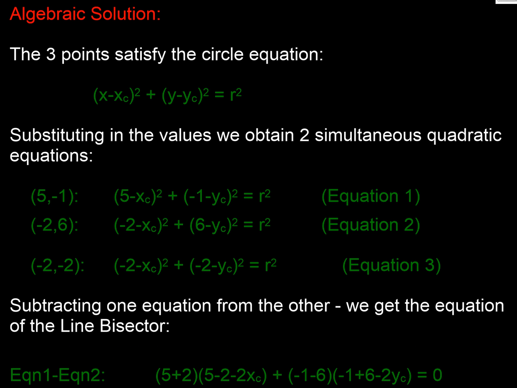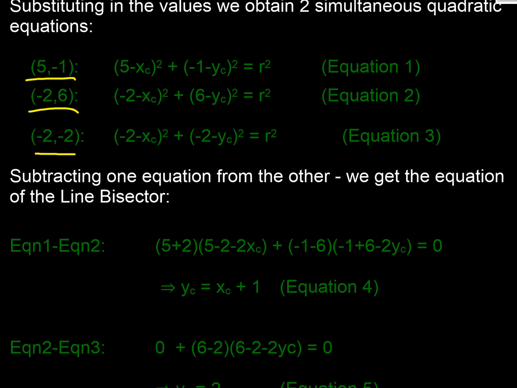Okay, let's go for an algebraic solution. Once again, we know the 3 points satisfy the general circle equation. We just don't know where the centre is or the radius, but we can substitute the 3 values into the equation, and we've got 3 equations. As we did before, we can take one equation away from the other, and we'll get linear equations. As we did taking equation 1 away from equation 2, we got to this first linear equation.